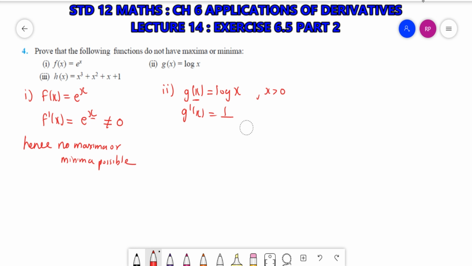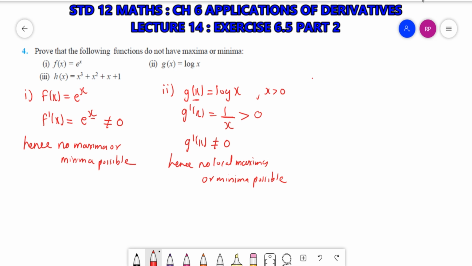Sorry, g dash x will be 1 by x, not 1 by log x. So now if we take x greater than 0, then definitely 1 by x will be greater than 0. So g dash x can never be equal to 0. Hence no local maxima or minima possible.